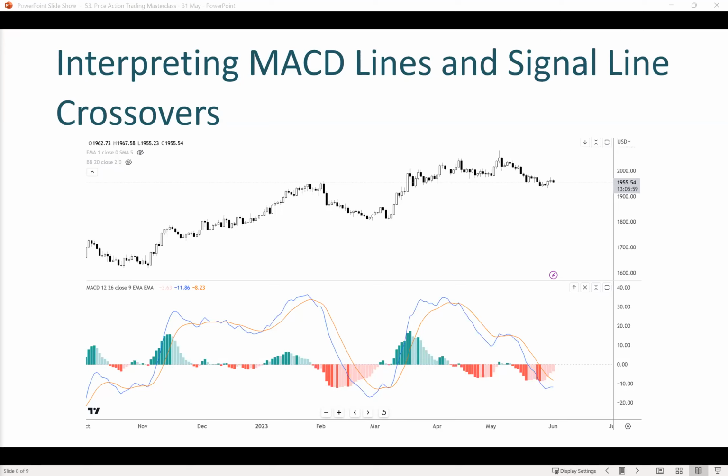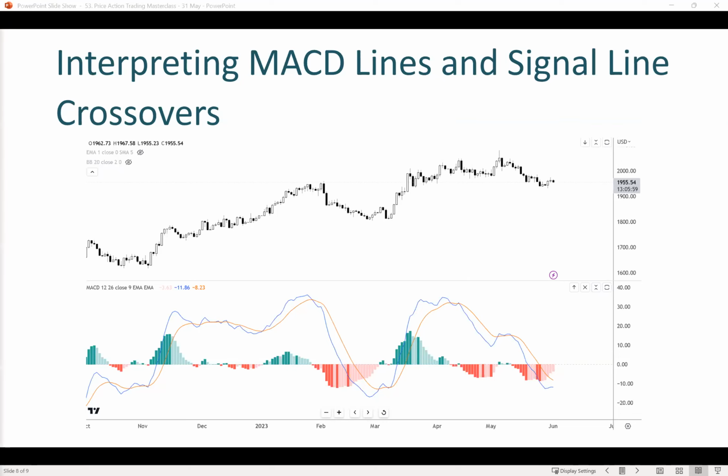MACD is more sensitive to price changes there, but it's more suitable for shorter term trading. Whereas on longer time frames, such as the daily, you seldom get the divergence, but the signals generally hold more weight.